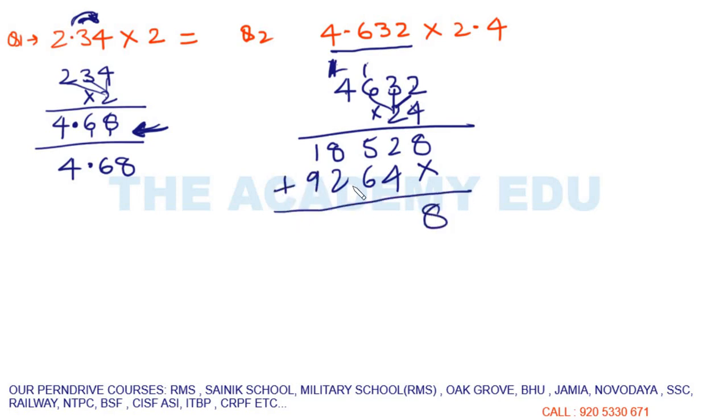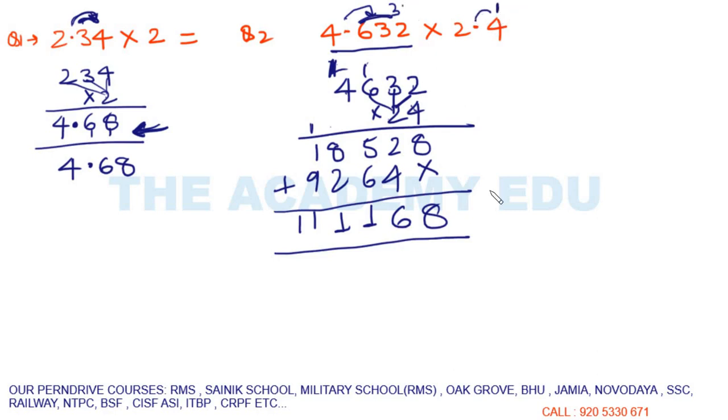Now add them. 8, 6, 11, 1 carry over, 8 plus 2 is 10 plus 1, 11, 1 carry over, 9 plus 1 is 10 plus 1, 11, right? So this is the answer. But now we need to add the decimal here. So see, after the decimal in this number we have 3 digits, and after the decimal here there is 1 digit.